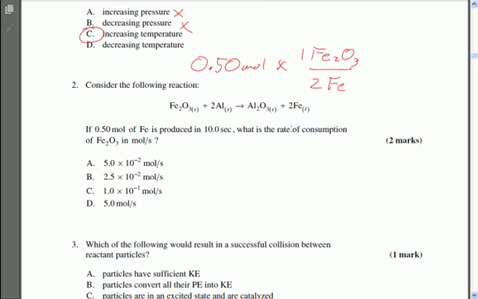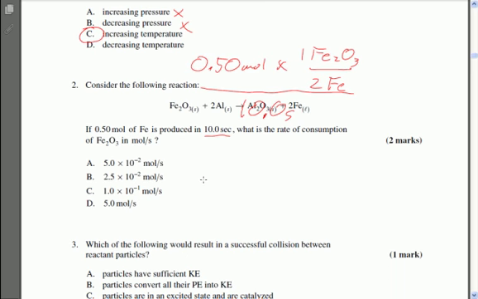Okay. Now I have moles of iron 3 oxide. But my question is asking me the rate of consumption of iron 3 oxide per second. So what I need to do is, the reaction is happening over a 10-second period, so I'm going to divide this by 10.0 seconds.